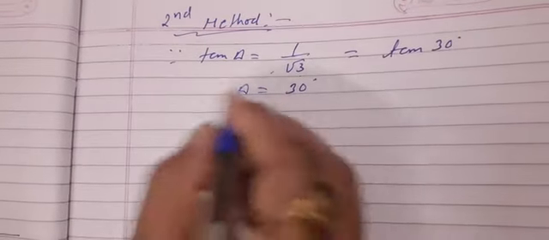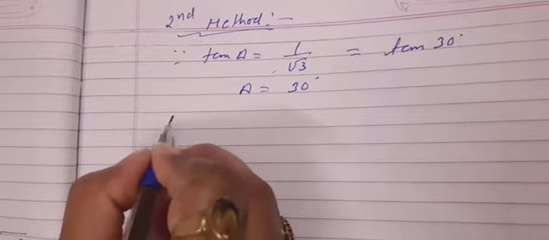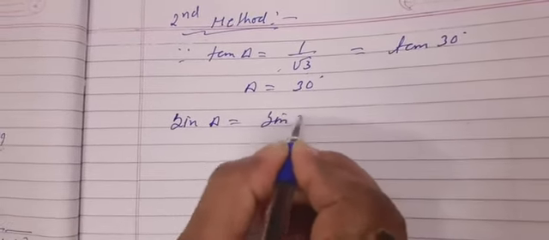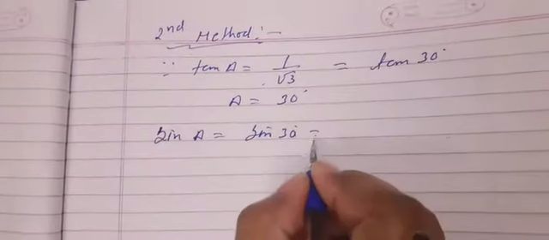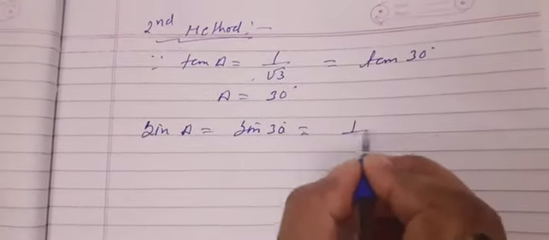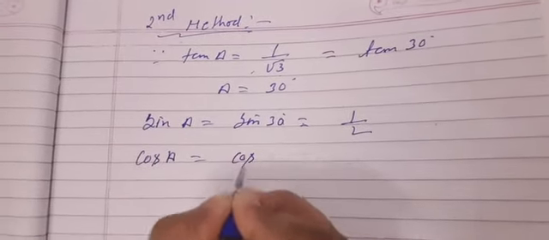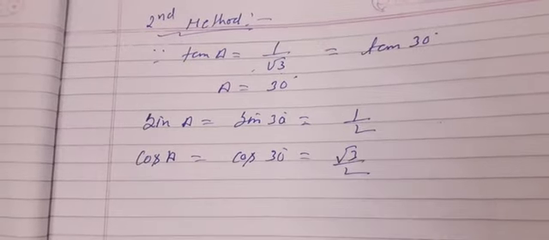Directly we will start solving the values. So sin A means sin 30 degree, and if your table is in your mind, then directly put the value. Sin 30 degree is equal to what? It is 1 by 2. Cos A means cos 30 degree, and cos 30 degree is root 3 by 2. If you want, you can check.